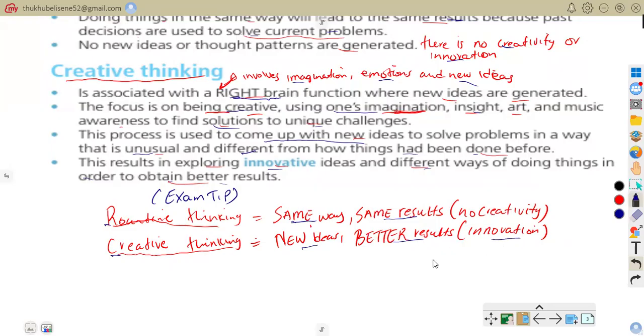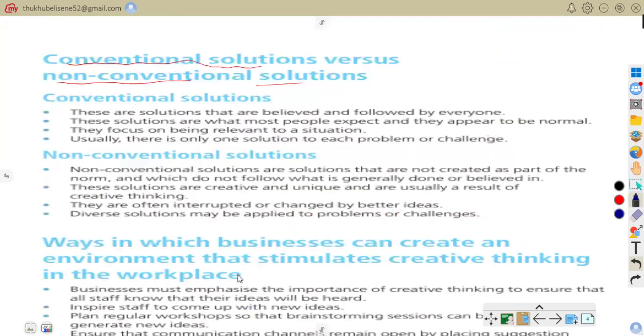There is innovation. So that is how easy you can remember the difference between routine thinking and creative thinking. With routine, we do things the same way and the results are going to be the same. No creativity at all. But with creative thinking, there are new ideas, the better results are going to come and we are into innovation. So now let us move on.